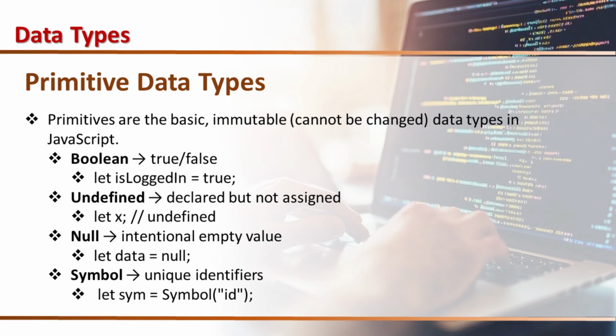Booleans represent logical values of true or false, while undefined indicates a variable has been declared but not assigned a value. Null represents an intentional absence of any value, and symbols are used to create unique identifiers, often for object properties. Together, these primitives form the building blocks of data in JavaScript.